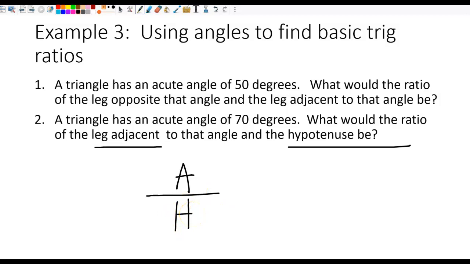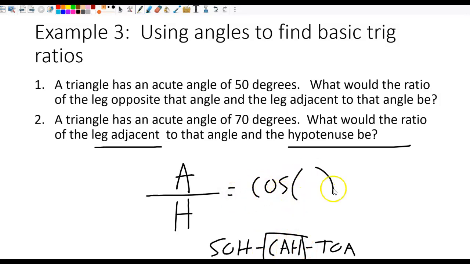So you can look back at your slide, or you can use our little trick, SOH CAH TOA, and figure out which one it is. Which one has an A and an H in it? Well, it's the middle one, right? So what they're asking me for here is cosine. And what's the angle? 70. And so I just need to type that into my calculator, and we'll get our answer.